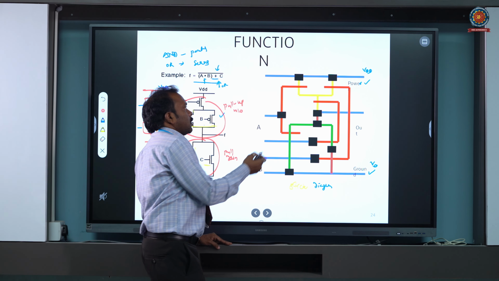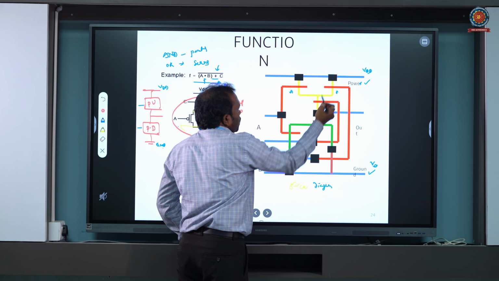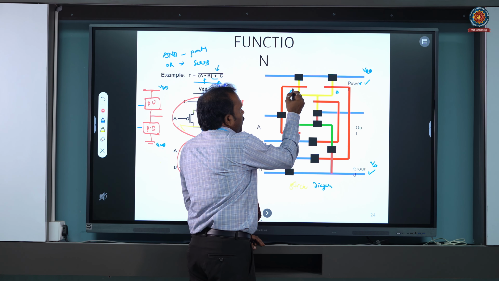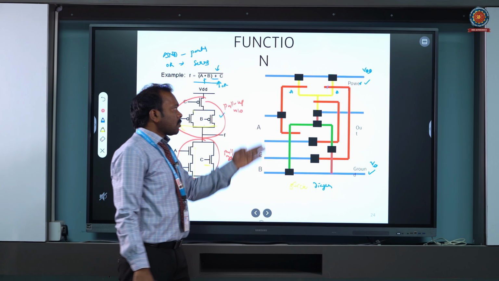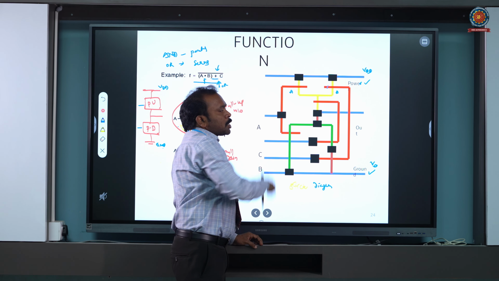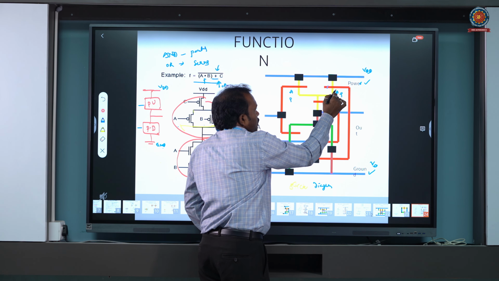Now here, this is your transistor A and this is your transistor B, which are connected in parallel as we have seen here, where the red over this diffusion, that is yellow diffusion, forms transistors. These two are what? Yellow, red over yellow means PMOS. This is a PMOS transistor and this is a PMOS transistor.